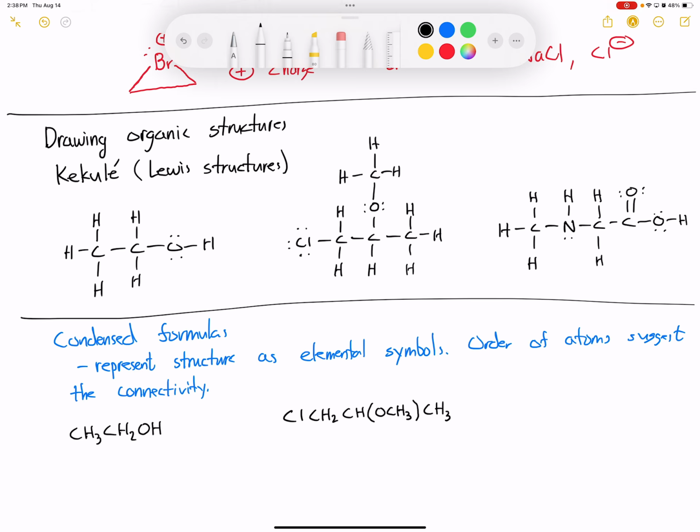Yes? If you have a branch and chain that's going both up and down, on the same element, would you put them in separate parentheses? Let's see. That's a good question. Okay.